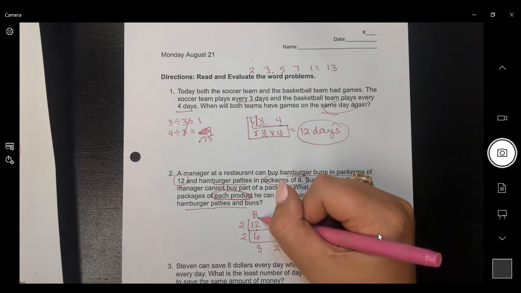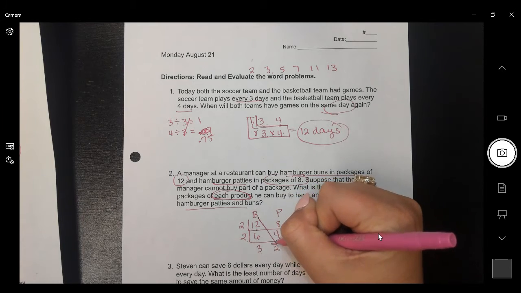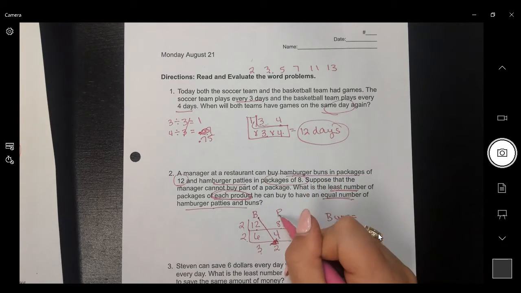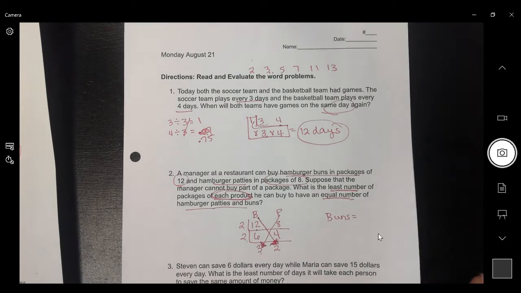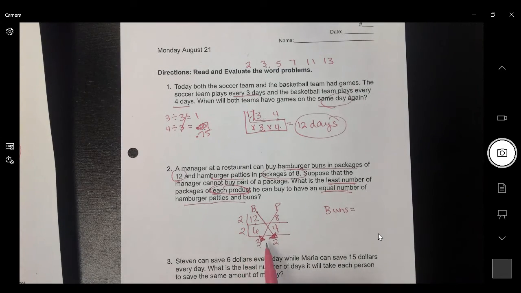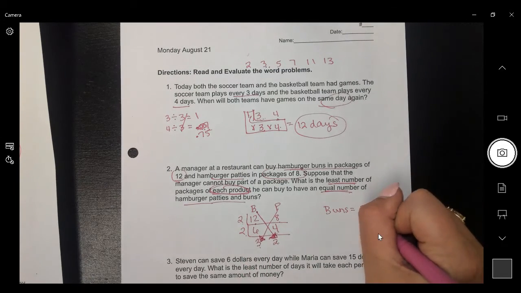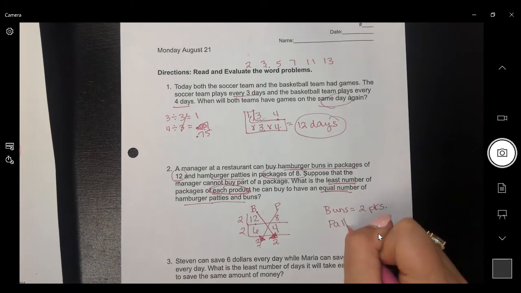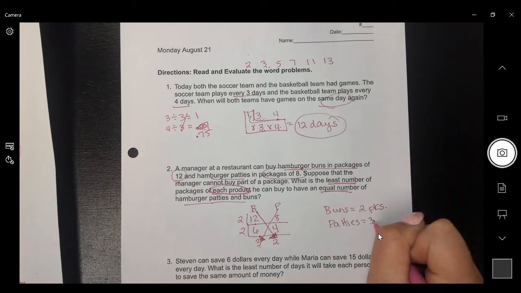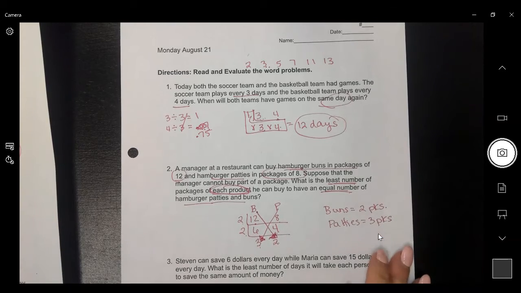I'm going to take my buns and crisscross all the way down to the bottom of the slide. I'm going to go from patties and crisscross all the way down to the bottom here. Okay? So buns, I end up needing 2 packs. And patties, I need 3 packs. And I can check my work here.